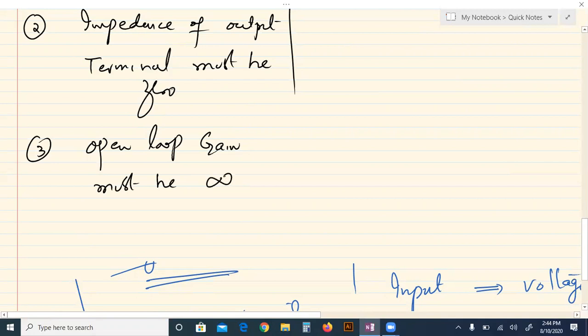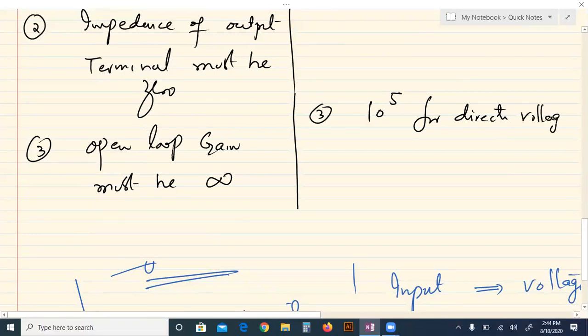Gain is the ratio between output voltage and input voltage. Open loop gain must be infinity, but practically it was 10 power 5 for direct voltage. Not infinity, it's limited. How much? 10 power 5, it's too much, 100,000.